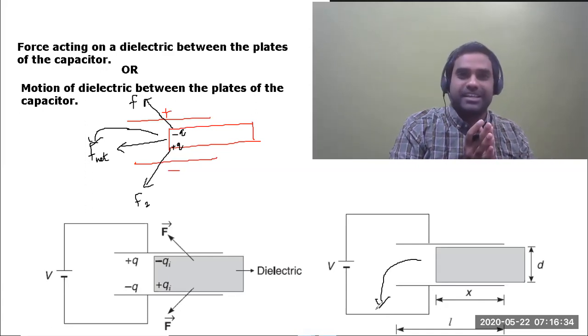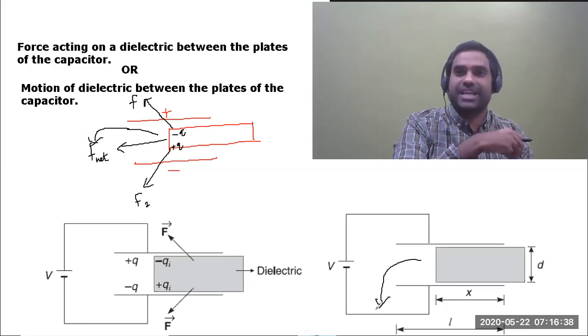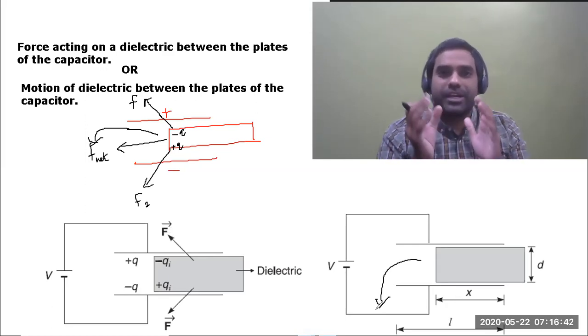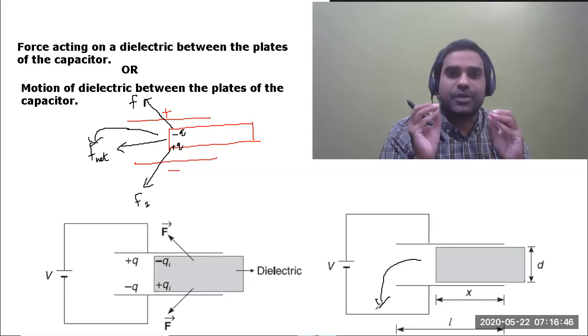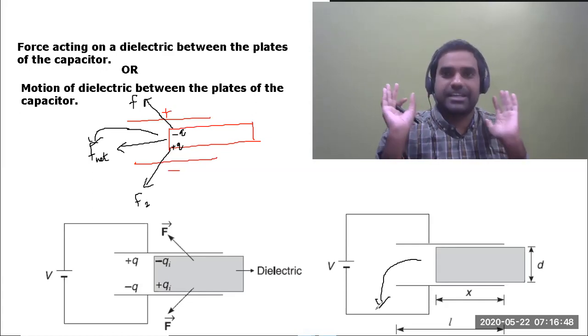I repeat, students, the dielectric due to this force will never fall out of the plates of the capacitor. Understood? It will only travel until it completely occupies the space between the plates of the capacitor.